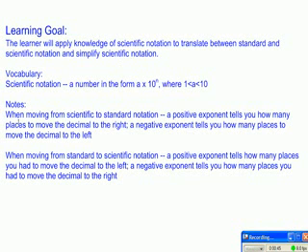Okay, the notes that you will need when moving from scientific notation to standard notation. A positive exponent tells you how many places to move the decimal to the right. A negative exponent tells you how many places to move the decimal to the left.